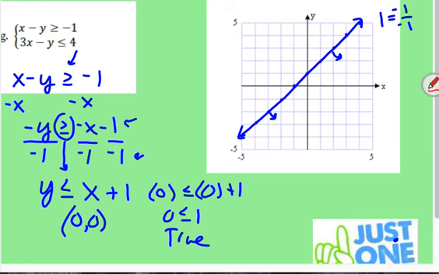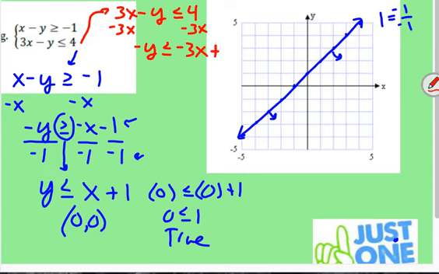For the red over here, 3x minus y is less than or equal to 4. I see I'm going to have to divide by -1 again, so I'm going to have to flip that inequality symbol. We'll do that when we get there. Subtract 3x from both sides. Negative y is less than or equal to -3x plus 4. Dividing by the -1, it's not solved for y if it's negative y.